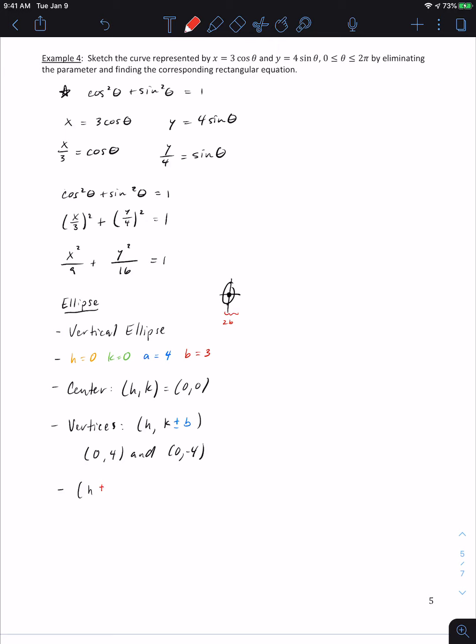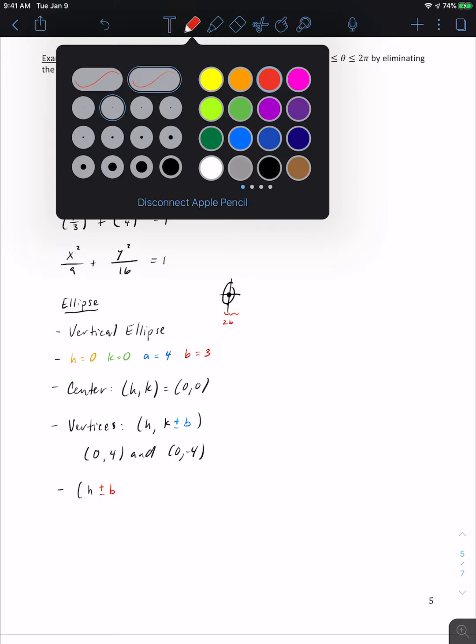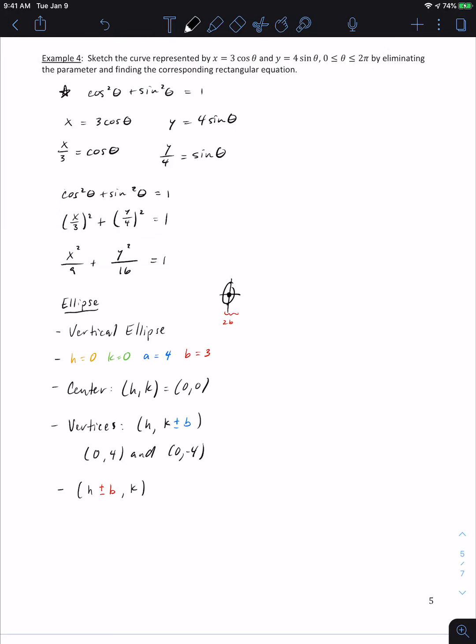So h plus or minus b is going to give me those values, which will help me draw it, right? So this is going to be (-3, 0) and (3, 0).